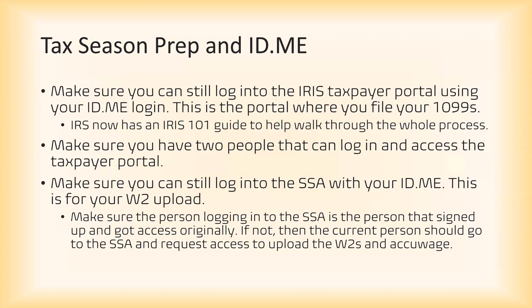They could create their own SSA account that's tied to their ID.me, and then they would have to request their AccuWage and the ability to upload W-2s. So you're not supposed to use my ID for the SSA to log in and upload. And then it'll be a couple of weeks.